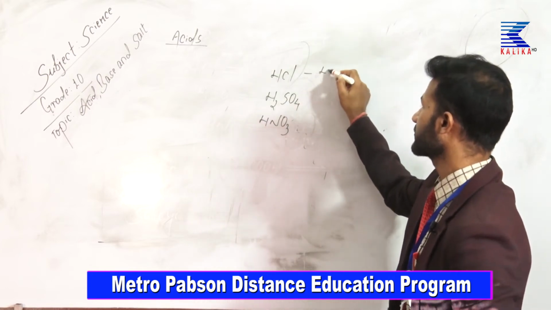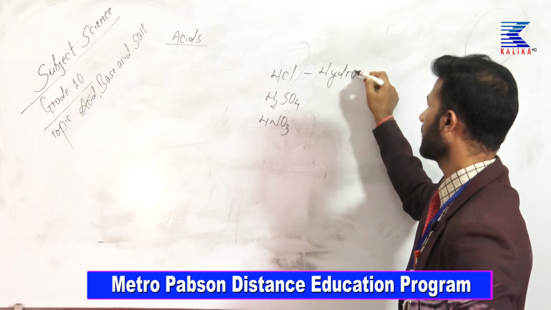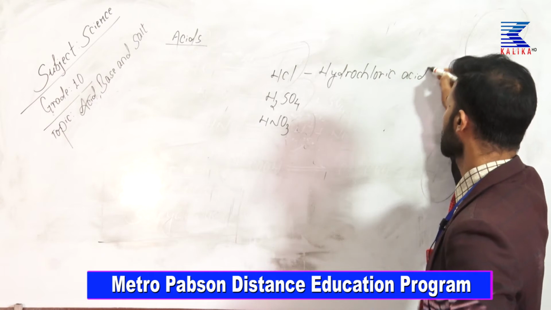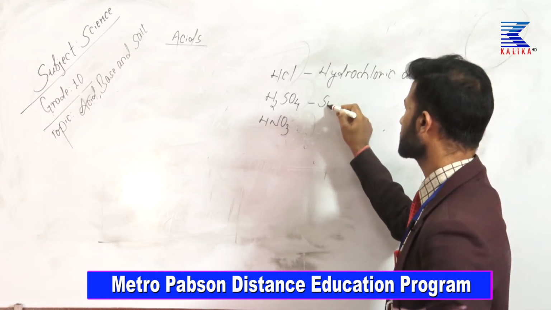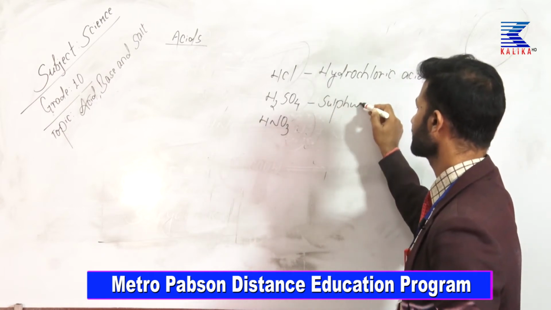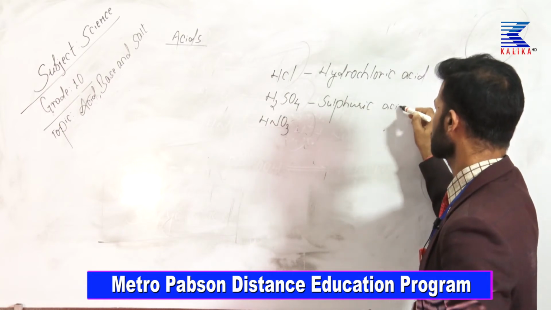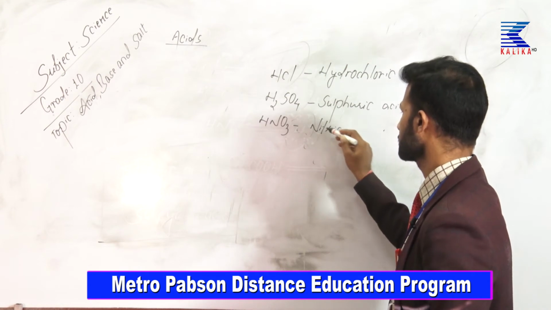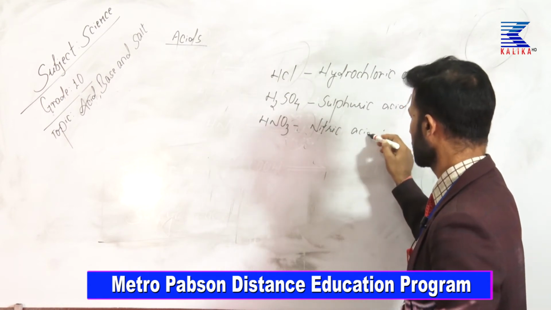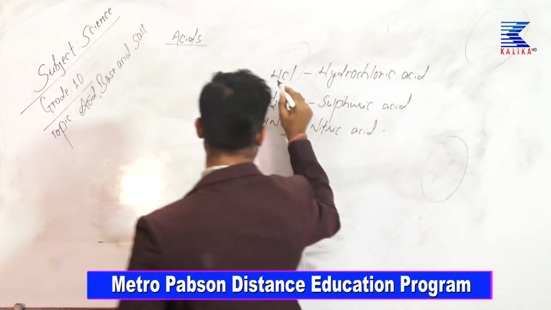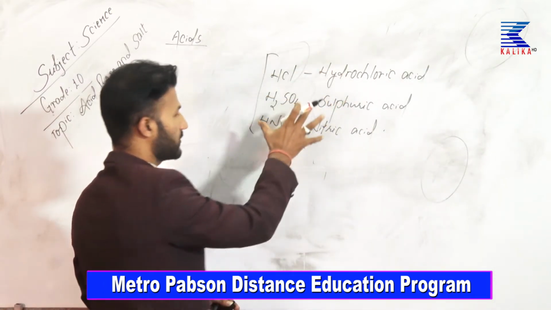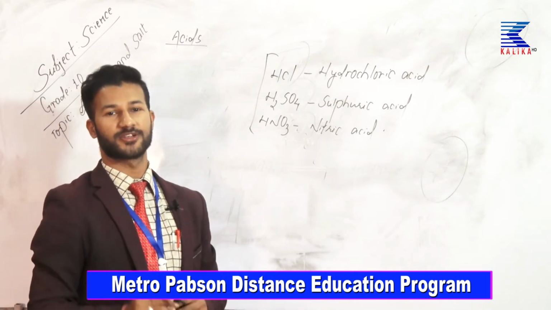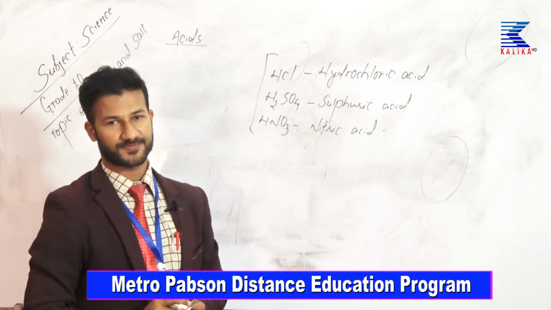This means hydrochloric acid, sulfuric acid, and nitric acid. Look, these are all mineral acids, because I said they are all prepared artificially in lab by using various minerals that are found on the Earth's crust.